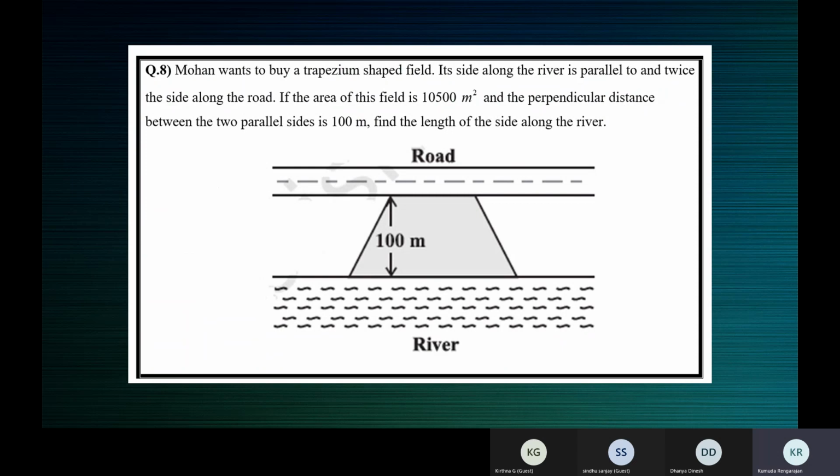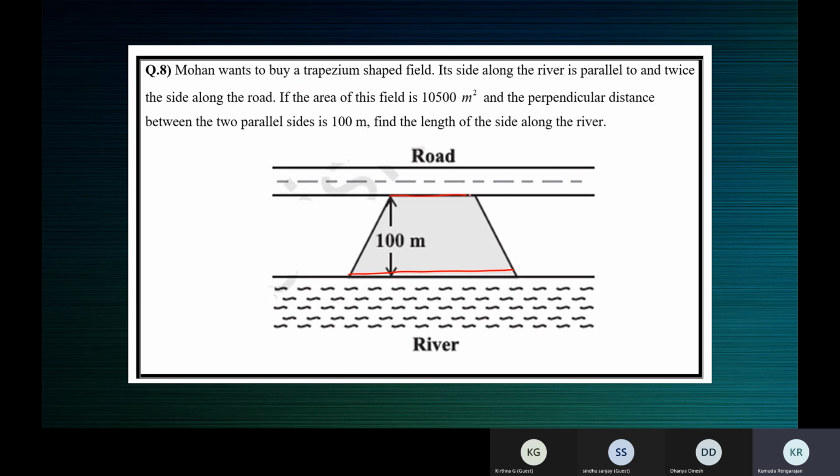Mohan wants to buy a trapezium shaped field. You can see the figure there. Its side along the river is parallel to and twice the side along the road.